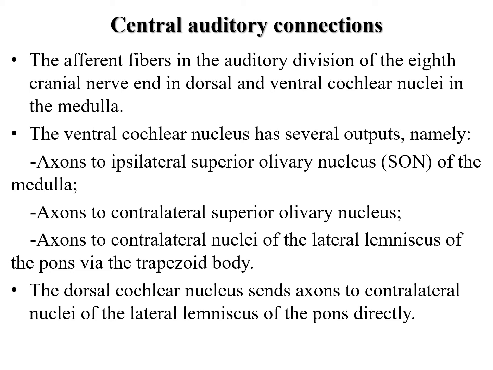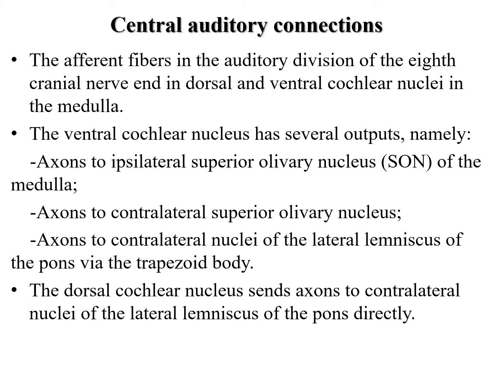So the nuclei of lateral lemniscus of the opposite side receive inputs from both the ventral and the dorsal cochlear nuclei. From the ventral, the pathway is through the trapezoid body. For the dorsal, it does not traverse the trapezoid body.